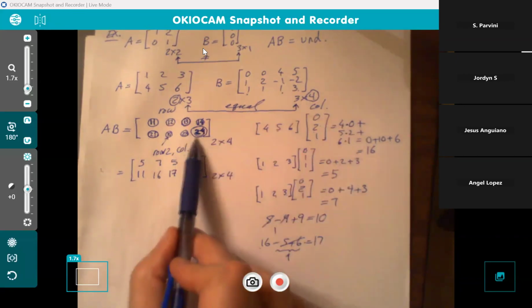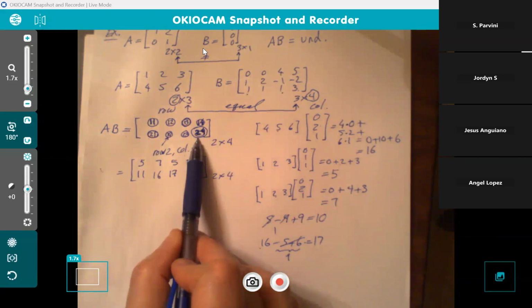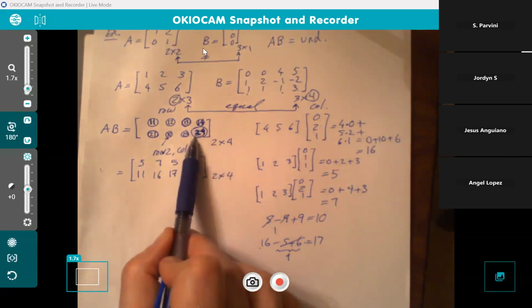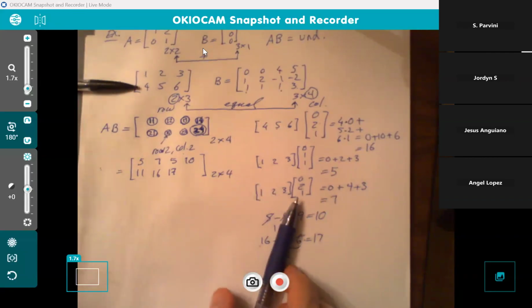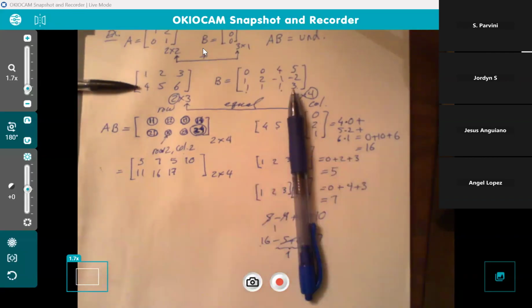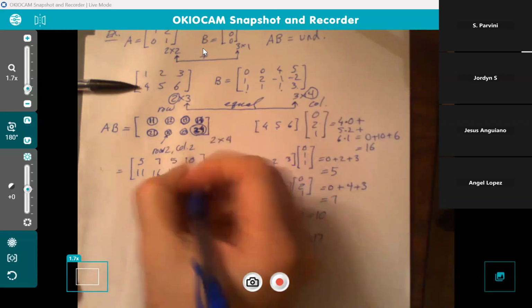Once you identify the location of that element, it tells you which row and column to use, doesn't it? It says use second row of the first, fourth column of the second matrix. So what will this end up being? 28. 28, perfect. You got it.